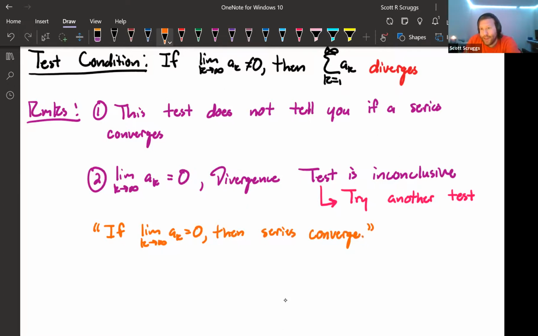That is the common mistake that I see. And I'm putting red because that puts the fear of God in everyone. That is a false statement. Just because the limit of the terms in that series equals 0, that does not tell you that the series will converge.